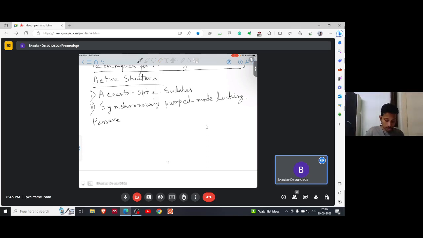So in synchronous pumped mode locking, we have the pump laser itself a pulse laser, and it will continuously pump the gain, and then after a certain point we will have the mode lock pulse.